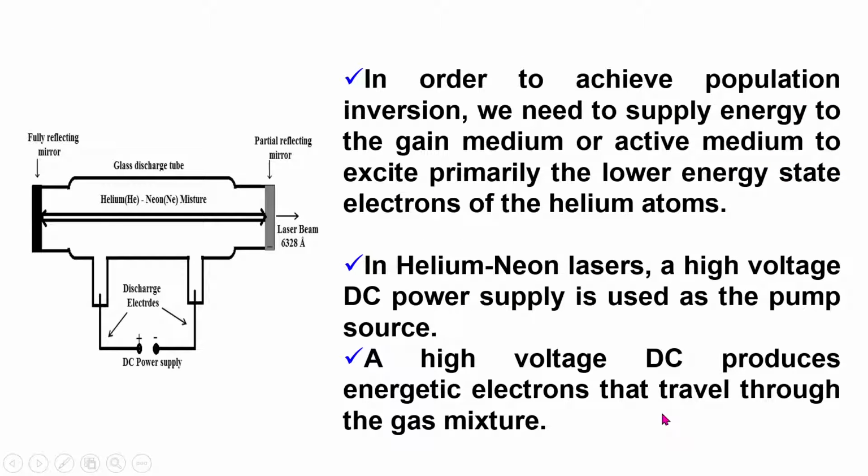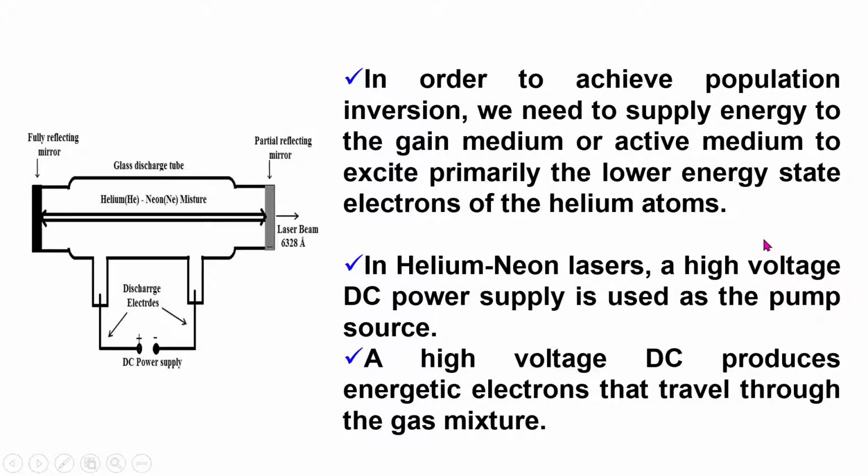In a helium neon laser, in order to achieve population inversion, we need to supply energy to the gain medium to excite the electrons of the helium atoms from the lower energy state to the higher energy state.